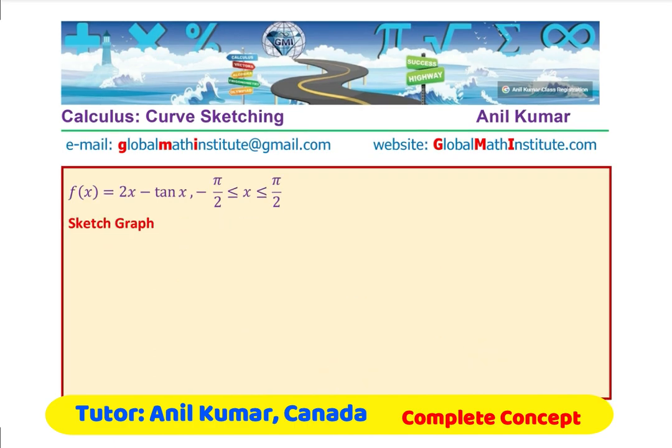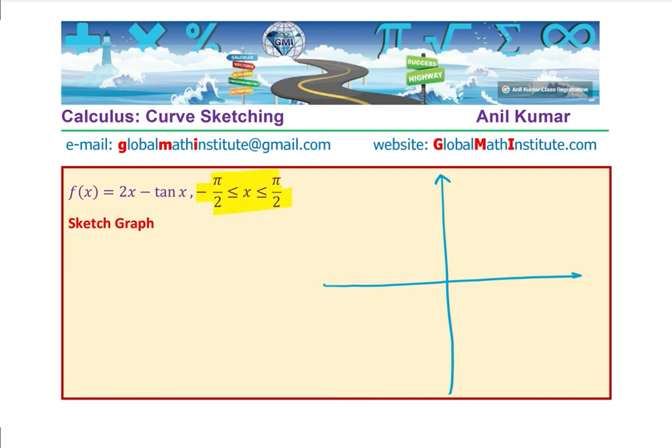So let me again draw the axes, the x-axis and the y-axis. We're looking at the interval from minus pi by 2 to plus pi by 2. Tan x, we know, has vertical asymptotes at minus pi by 2 and plus pi by 2.